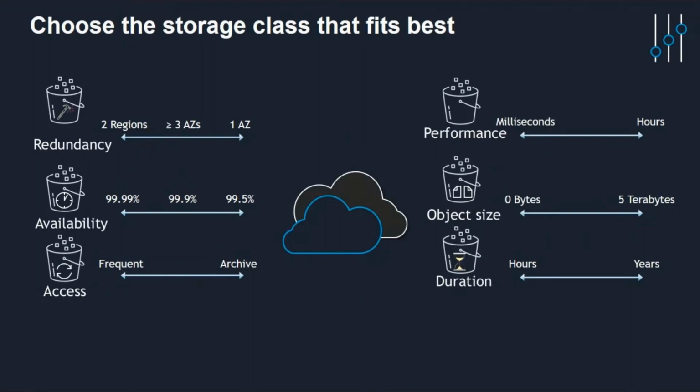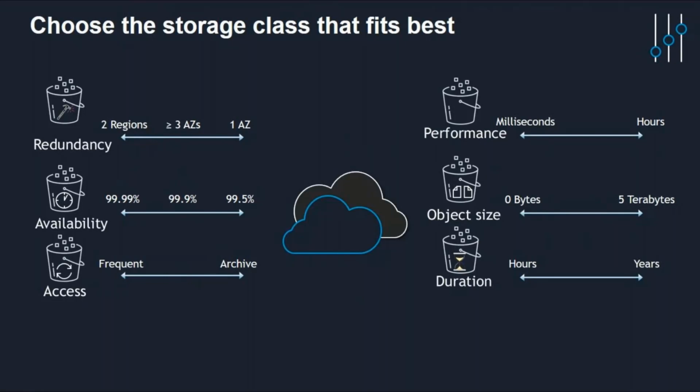And as we said, storage class is an important part of this conversation because your storage costs can vary by over 95% by choosing a different storage class. The characteristics of each class are central to this conversation as we move forward.